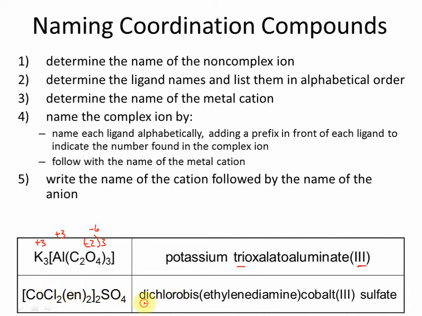So we change the name of the chlorine to chloro. This means that there are 2 ethylene diamine ligands, and the cobalt has a 3+ oxidation state. The ethylene diamine is neutral. Each chloride is a -1, but there's 2 of them, so it's a -2. The sulfate has a -2 charge.